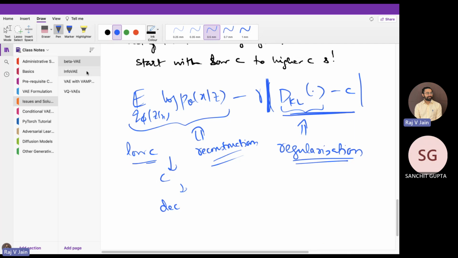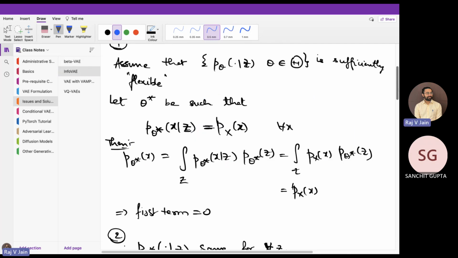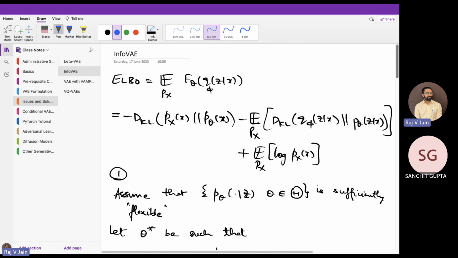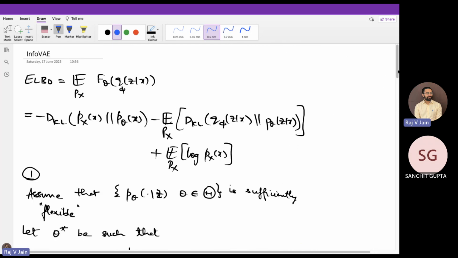Then another paper by some other authors gave this idea of something called InfoVAE. What they do here is first they intuit one very basic concept. Let's say we have the ELBO, the usual expectation over all data of the ELBO for each data point.